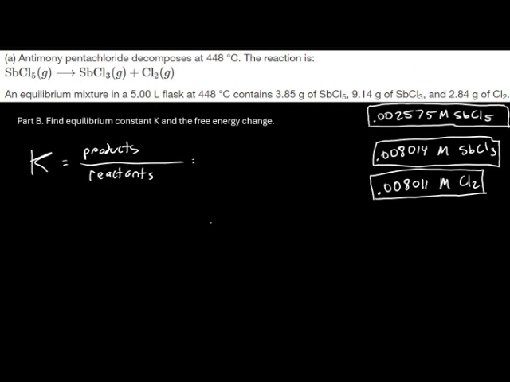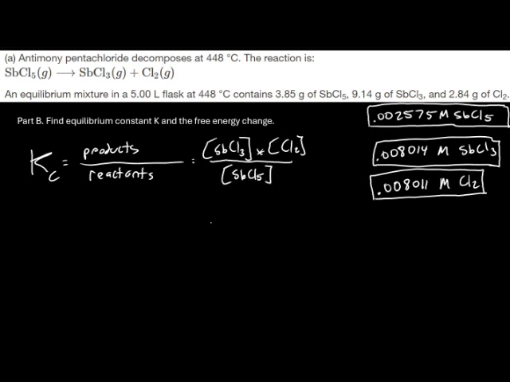As we said previously, we'll be using Kc rather than Kp because we are operating in molarity, and we'll write the products divided by the reactants. Our products are SbCl3 multiplied by Cl2, and divide by SbCl5.